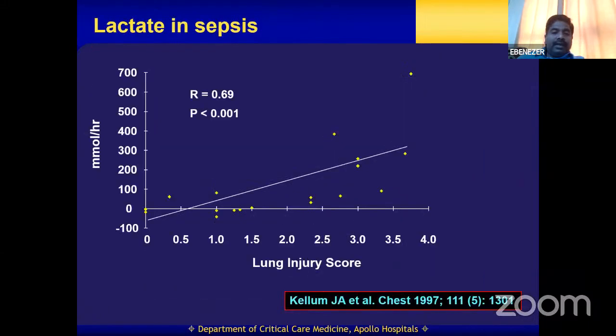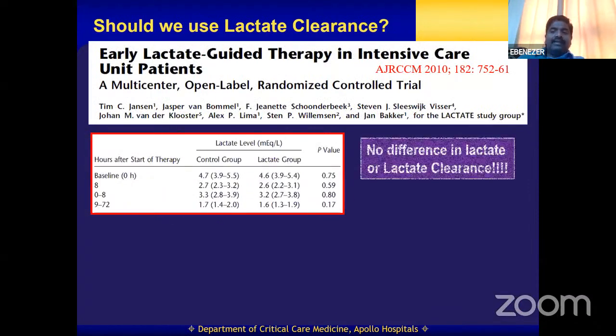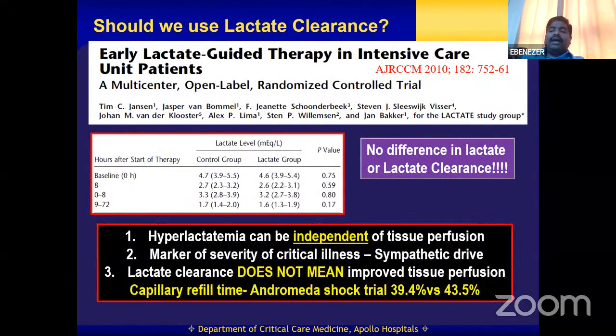Okay, so coming to this particular side of lactate and sepsis, I think all of you will agree lactate is a surrogate marker. And usually in shock, lactate levels start going up. And what does the guideline state now? So whenever there is a high lactate level, they do advocate checking the lactates as you resuscitate the patient to see whether your lactate levels are coming down. But remember, hyperlactatemia can be independent of tissue perfusion.